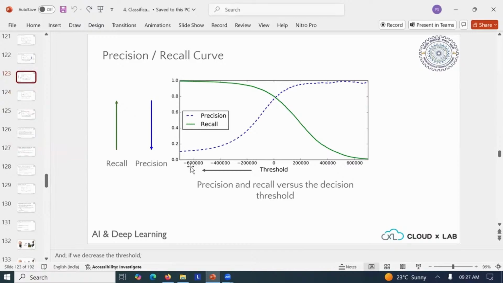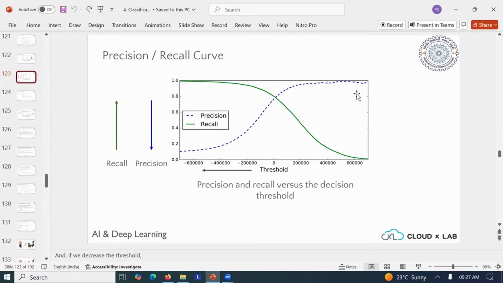As you can see here, when we are increasing the threshold, the precision will increase and the recall values will reduce, right? So for example, let's say if we have 10 values of threshold, there will be 10 corresponding recall and 10 corresponding precision values.